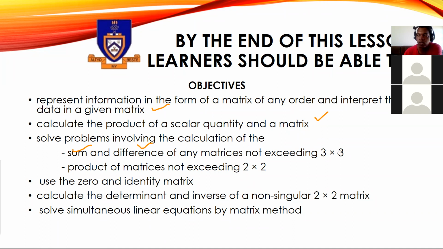So you would have seen most of our matrices are not exceeding 3 by 3. By saying not exceeding 3 by 3, it means you won't have a 4 by 4. Okay, so 4 by 4 is a little bit heavier, but a 4 by 1 is smaller than this one, right?